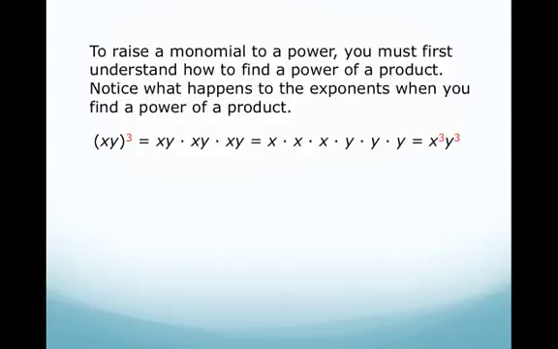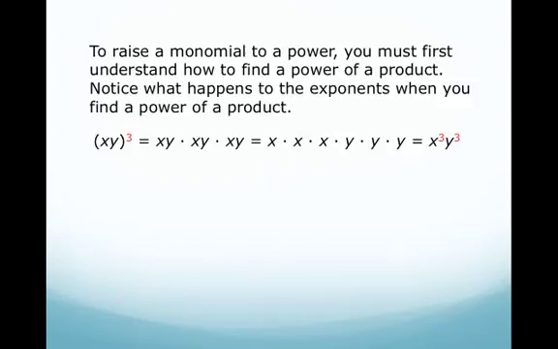Notice that what's in the parentheses is repeated 3 times since the exponent is the third power. And then it's equal to, when we group them, x times x times x times y times y times y. We count up the x's, 1, 2, 3, count up the y's, 1, 2, 3, and I get x to the third y to the third.